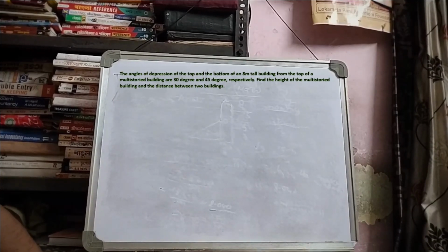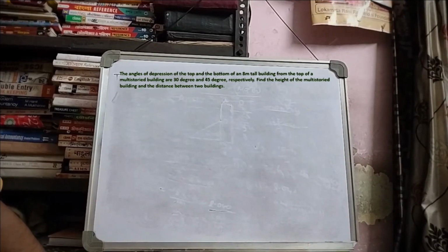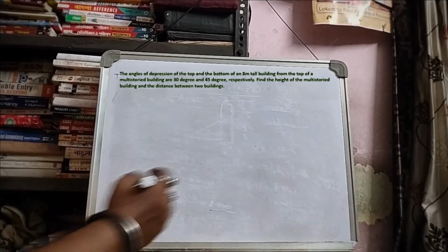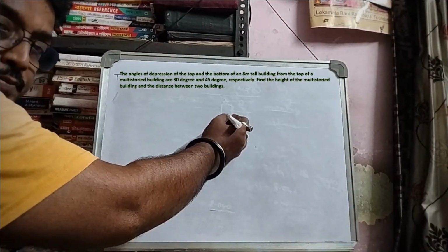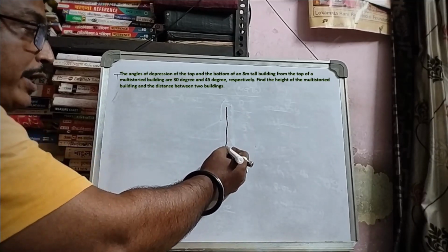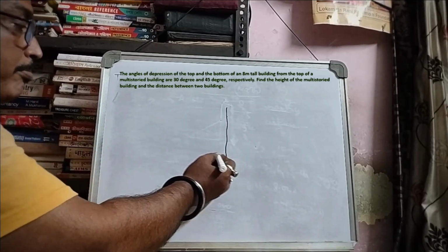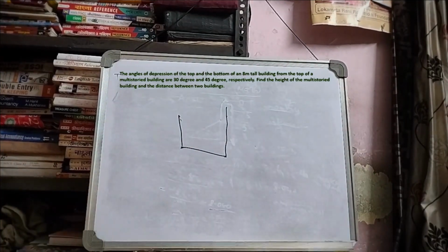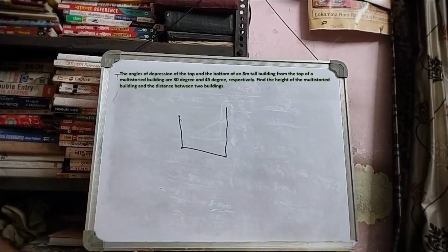Find the height of the multi-storied building and the distance between the two buildings. At first we draw the picture. Suppose this is the multi-storied building and this is the 8-meter tall building.